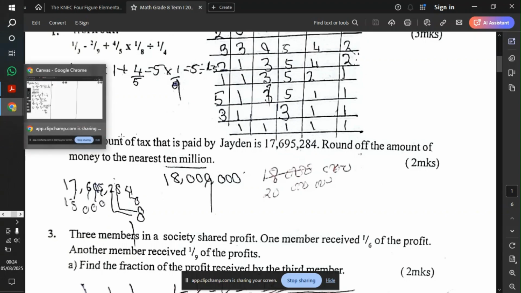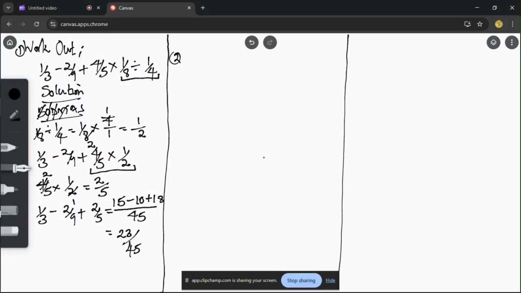So if I come to my working space, the amount of money in terms of tax that is paid to Jayden is 17 million. So I write 17 million. You have 695,285. So we want to round off.